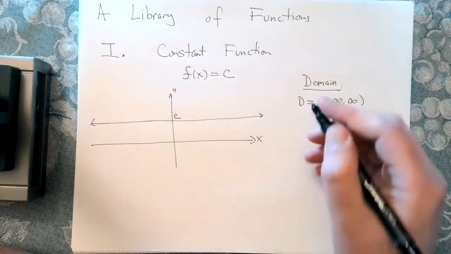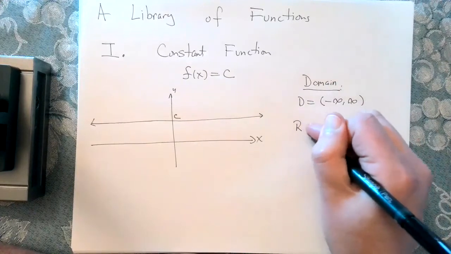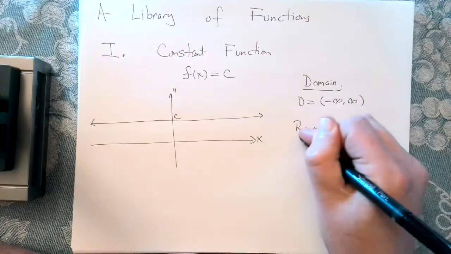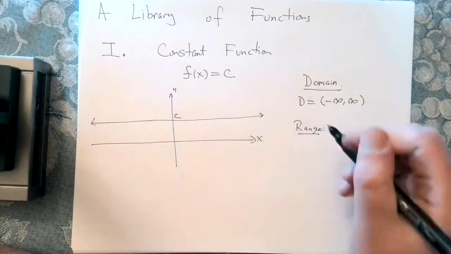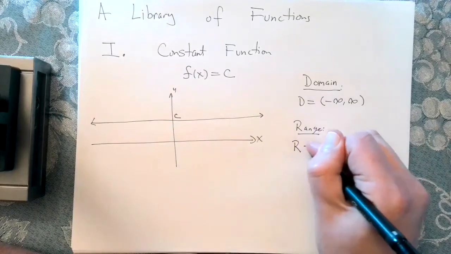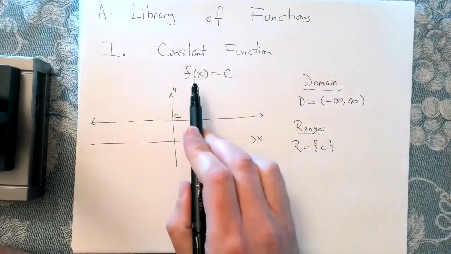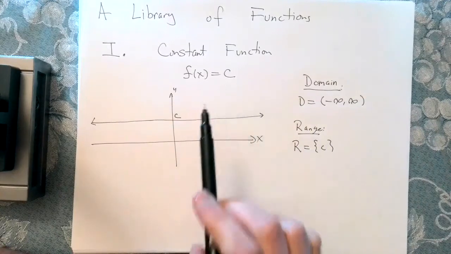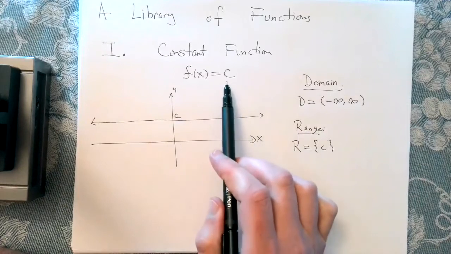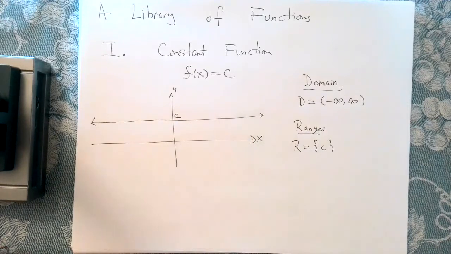Now the range, that's the set of outputs. There's only a single output, so the range is equal to the singleton set of c, because this constant function only outputs one y value. It outputs the y value c.